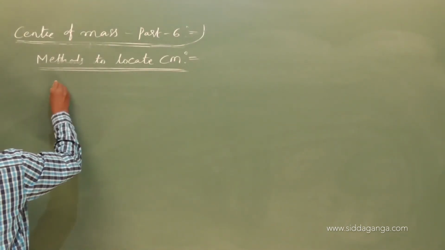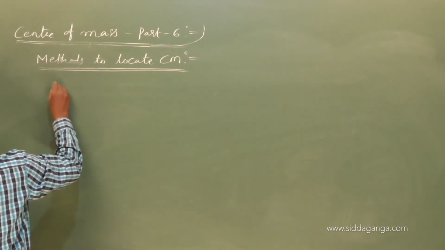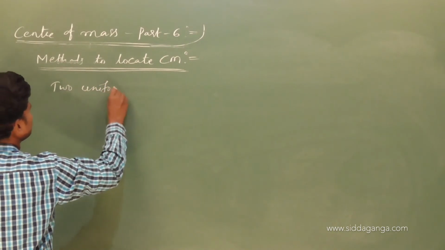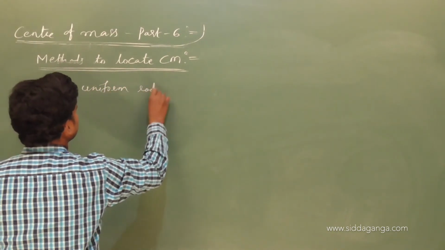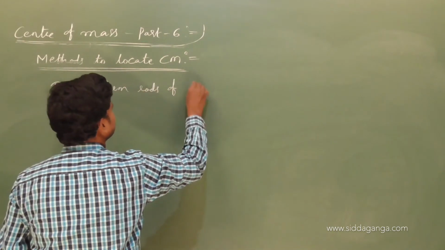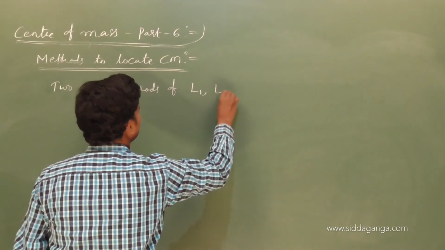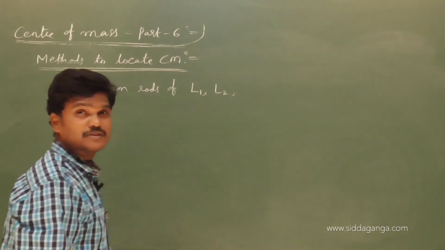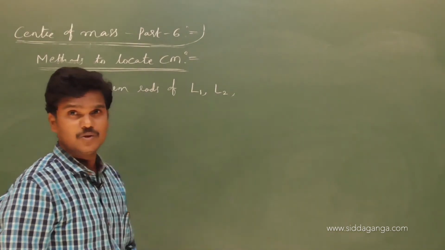Okay, see, they give it like this. Two uniform rods of lengths L1, L2 and the thickness is the same.